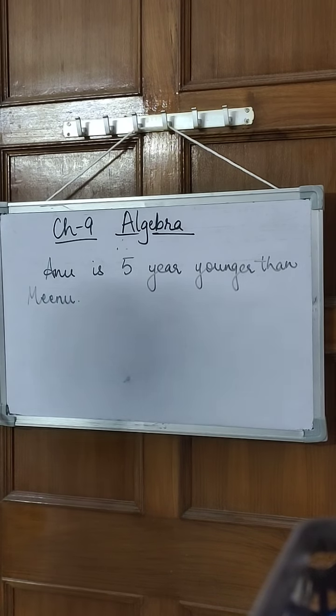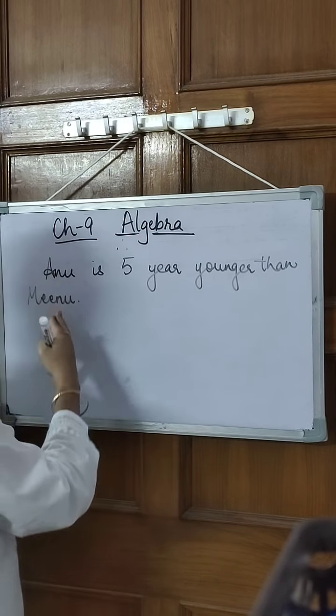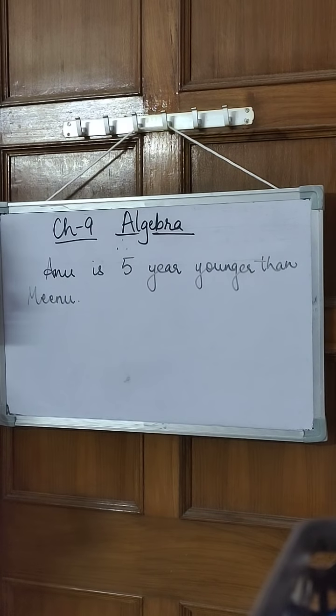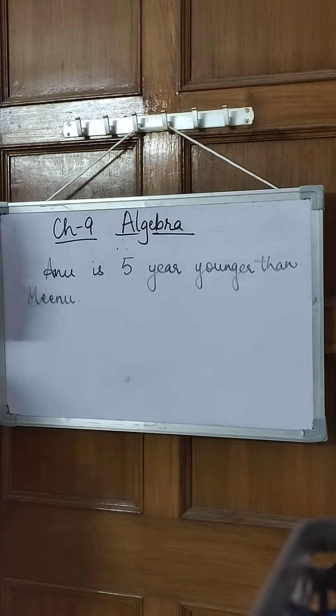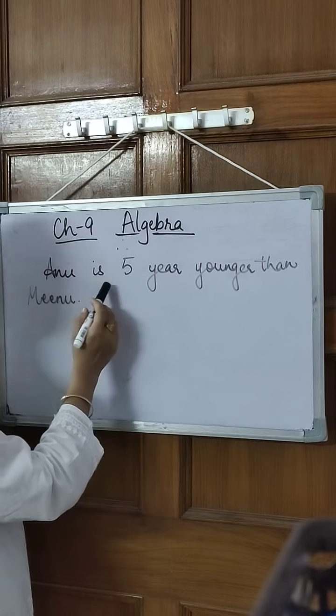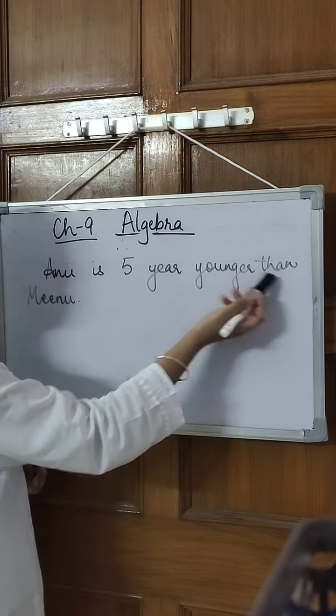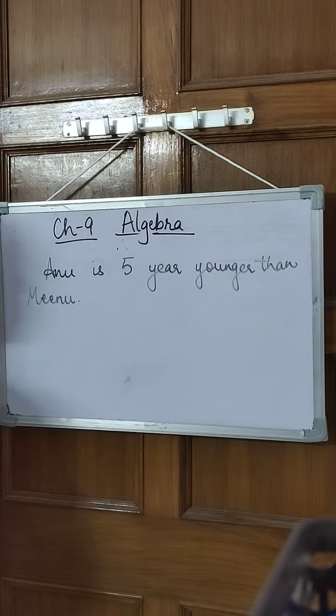Now I can write the ages of these two girls, and I can find out their ages in different years as well, because there is a relation between the ages of these two girls: Anu is 5 years younger than Meenu. So you need to assume someone's age.